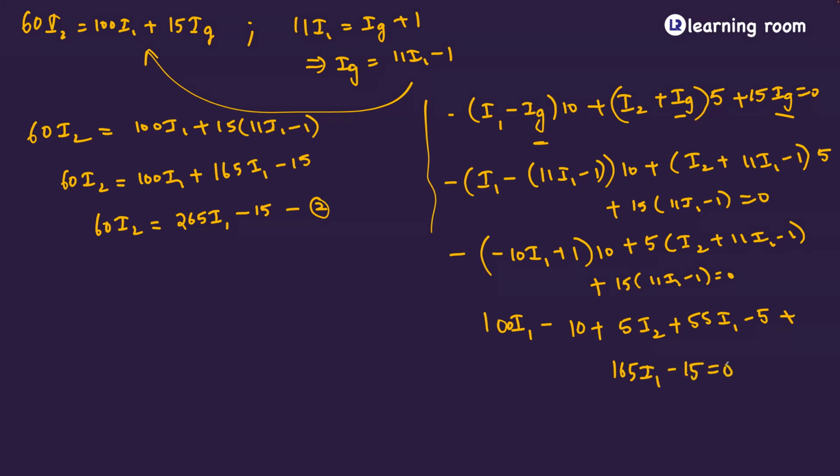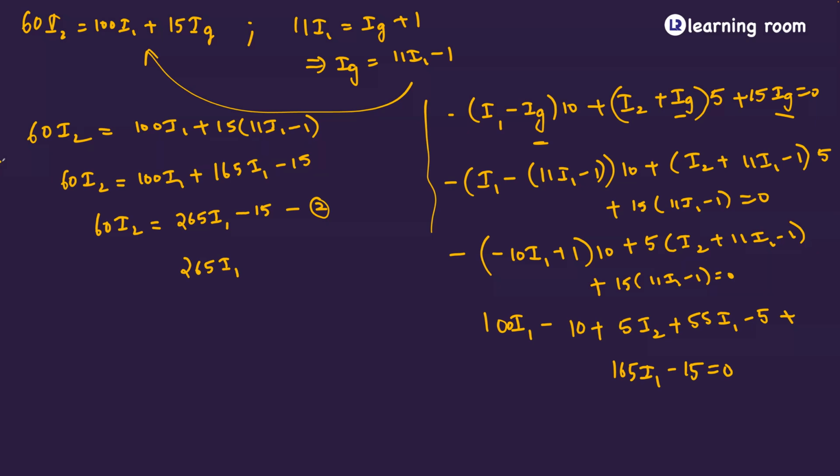So what will get combined? 100 I1 plus 165 I1 is 265 I1. Are we getting the same equation again? Sir, you have 55 I1 also. Oh, plus 55 I1.